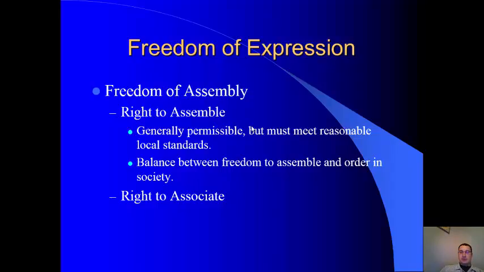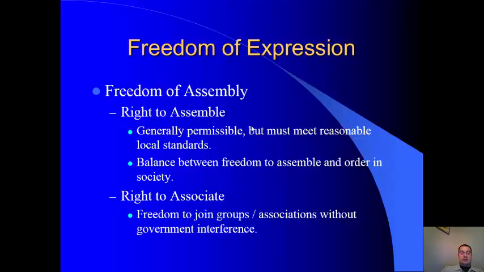And obviously, you have to balance freedom and order in society. You also have the right to associate with whoever you want, so you can be part of whatever group you want without the government interfering and without being discriminated against for doing so.